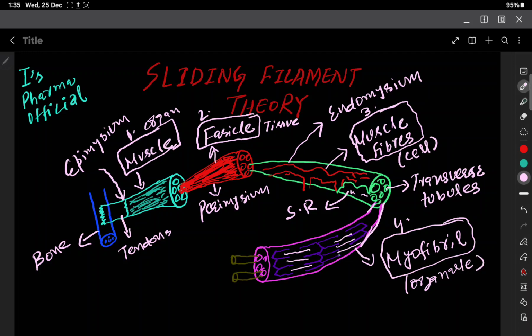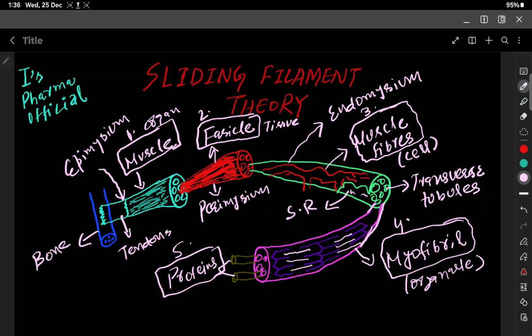Inside those myofibrils there are proteins. In short, you can remember: this is the fifth one. This is a muscle. Inside the muscle there are fascicles. Inside fascicles there are muscle fibers. Inside muscle fibers there are myofibrils, and these myofibrils contain the proteins.